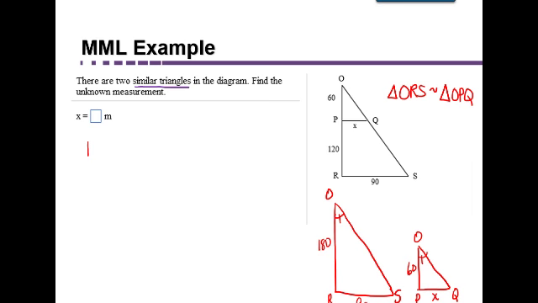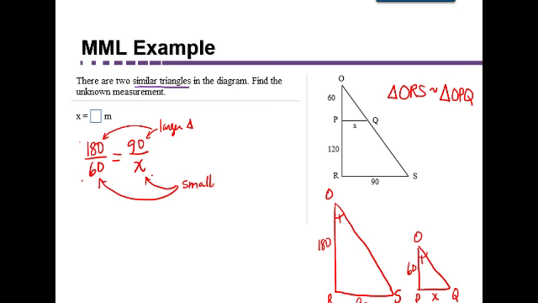For example, we know that 180 is proportionate to 60 as 90 relates to X. I have the larger triangle on the tops and the corresponding sides of the smaller triangle on the bottoms of the fractions. So this comes from the larger triangle, as does this. And these two are corresponding sides of the smaller triangle.